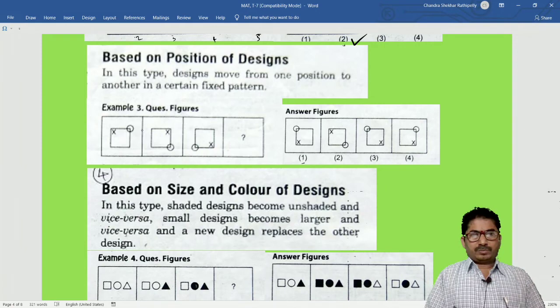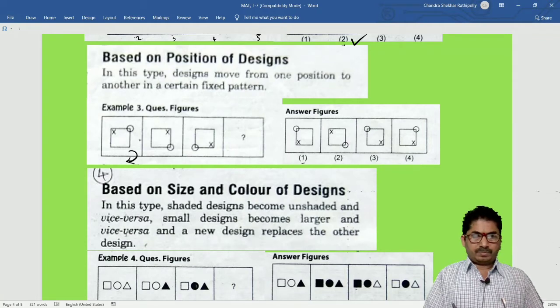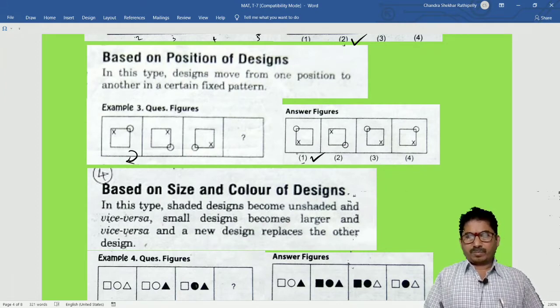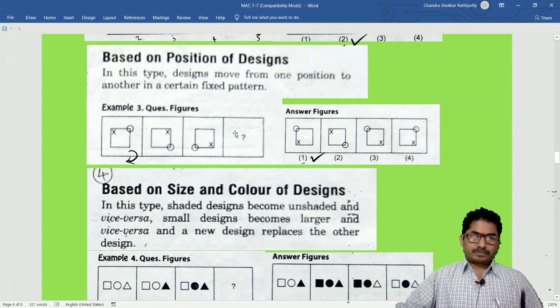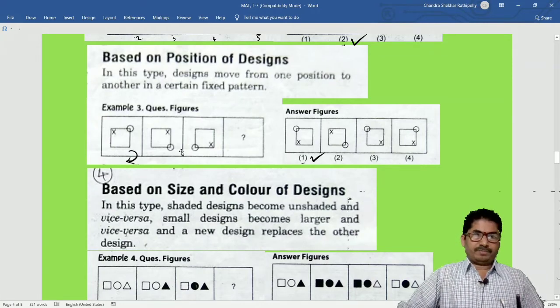So this figure is moving like this, change it like this. Next to this, the first figure will come.